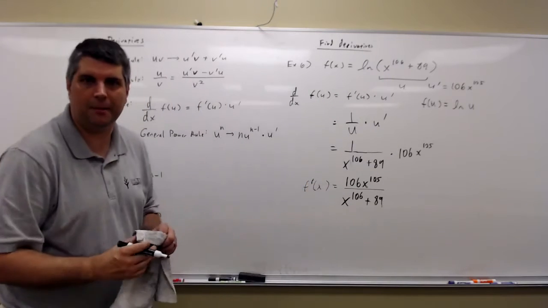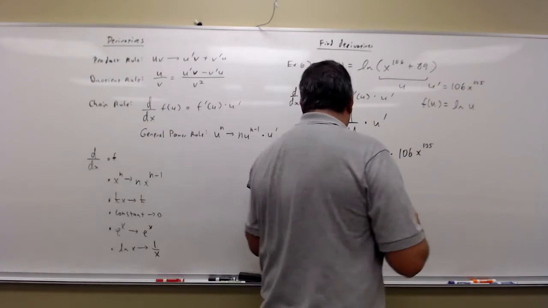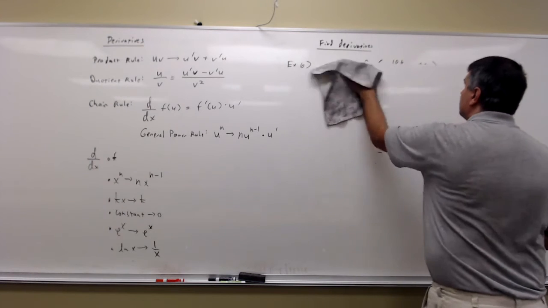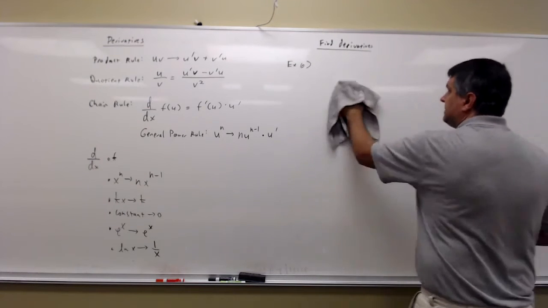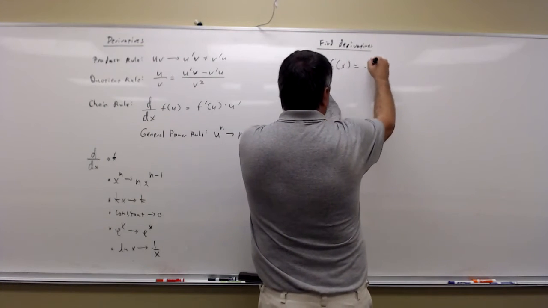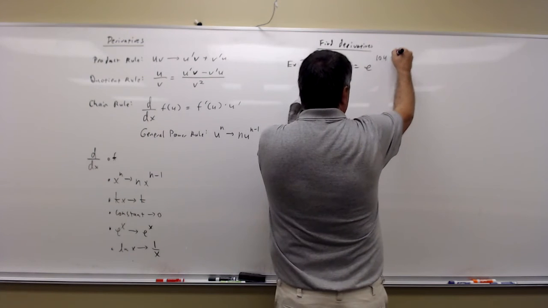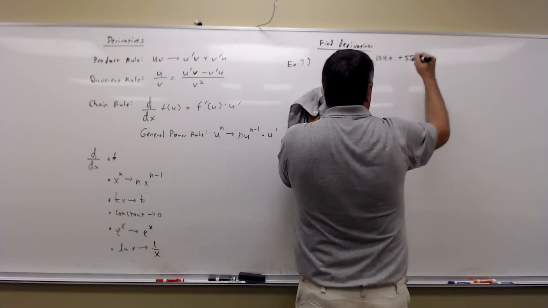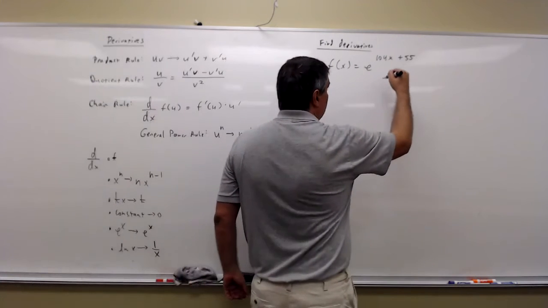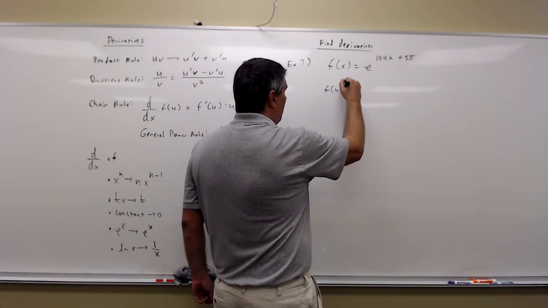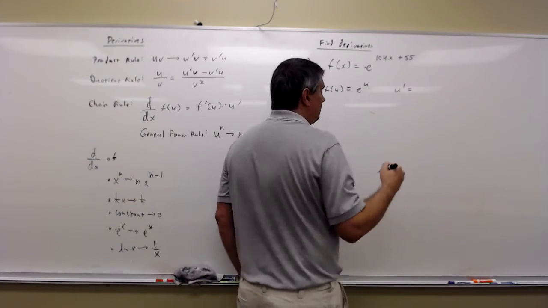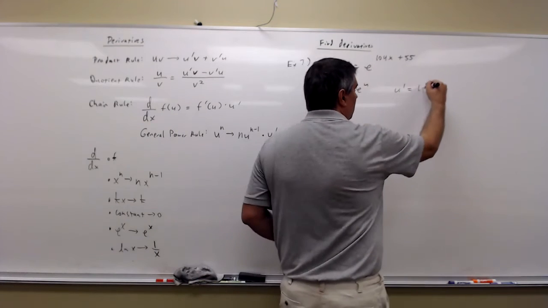So I'm going to erase this. I'm going to put the other example I had in mind. Example 7. f of x equals e to the 104x plus 55th power. Well, f of u would be e to the u, where this represents my u. So u prime would just be 104.